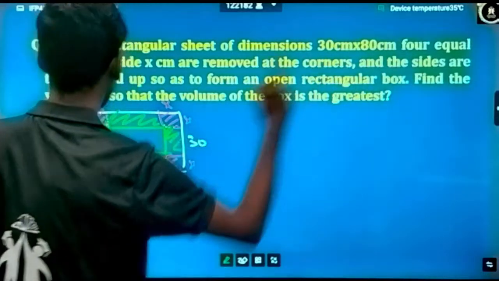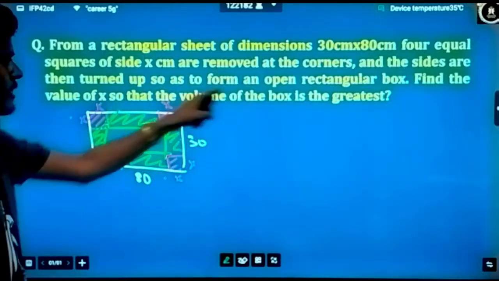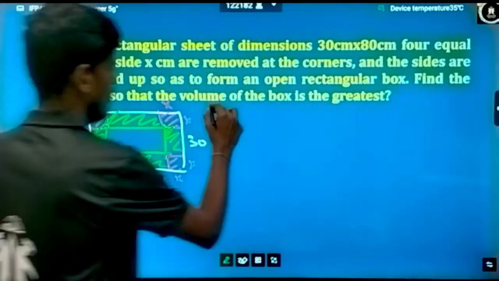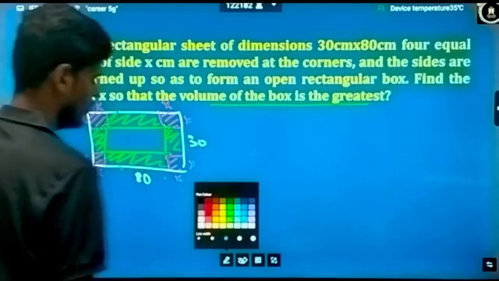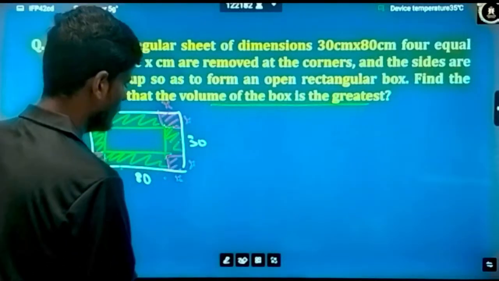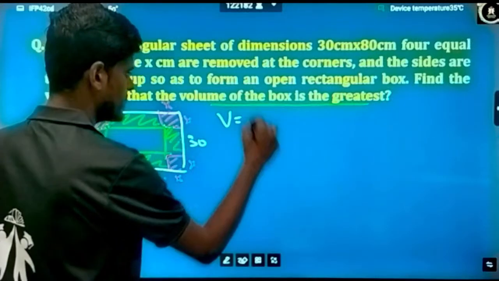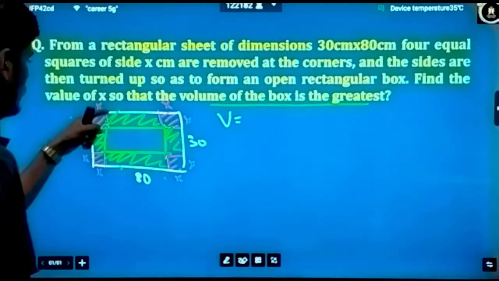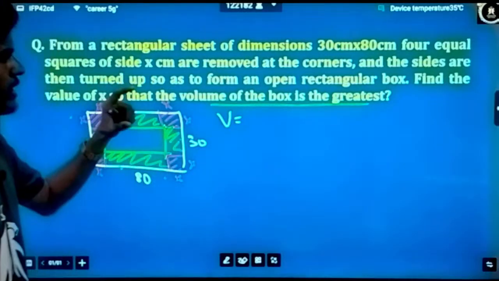Then what is asked? Find the value of x. We have to find the value of x so that the volume of the box is greatest. When will the volume be greatest? What is the volume of a rectangular open box?